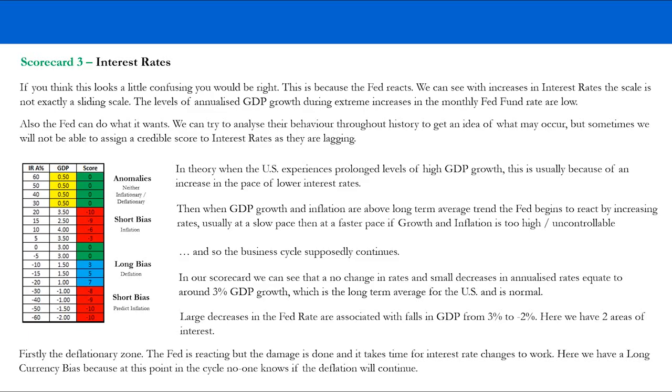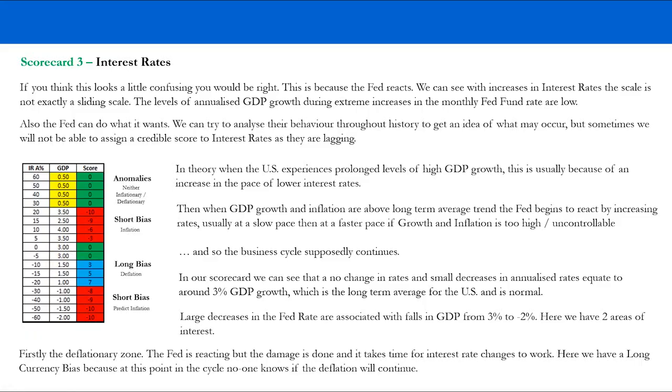So in our scorecard, we can see that no change, so a 0% move in monthly rates, and small percentage decreases in monthly rates equate to around 3% GDP growth, which is the long-term average for the US and is pretty normal.